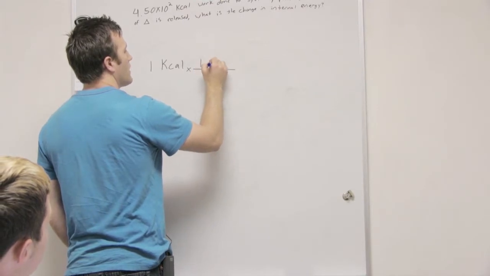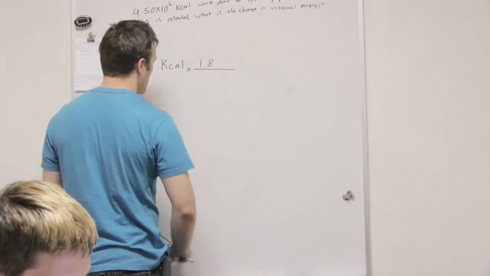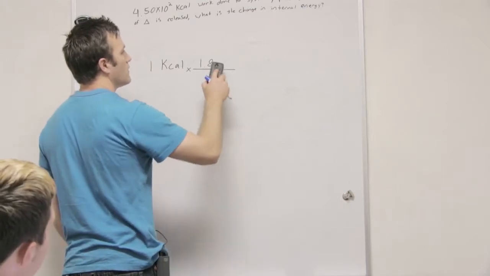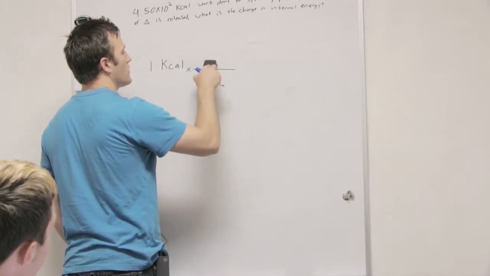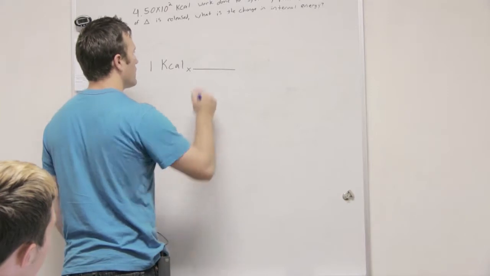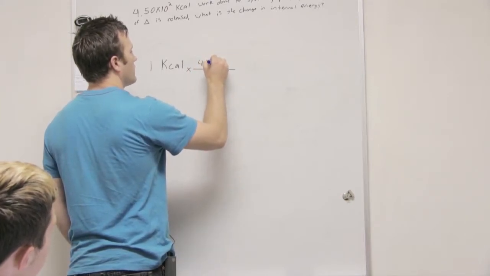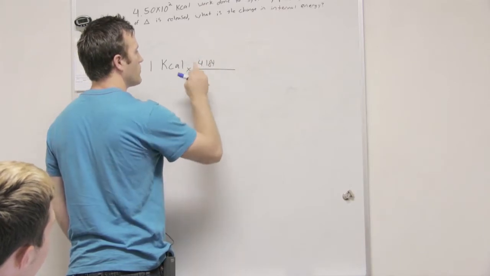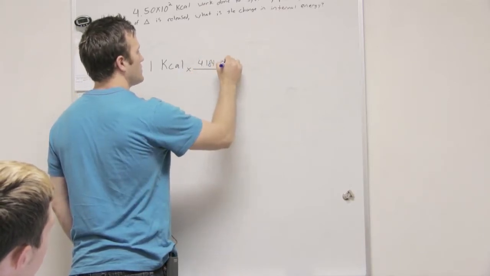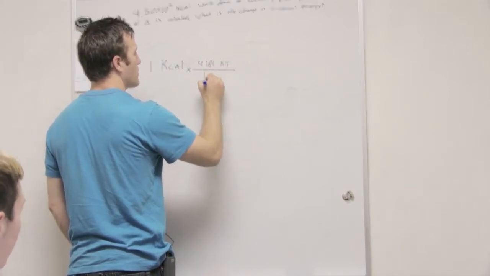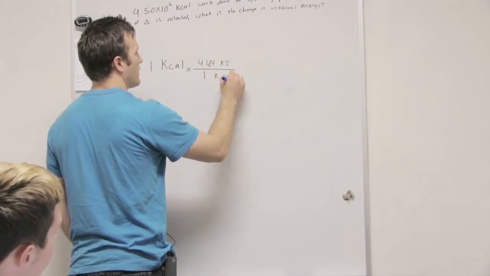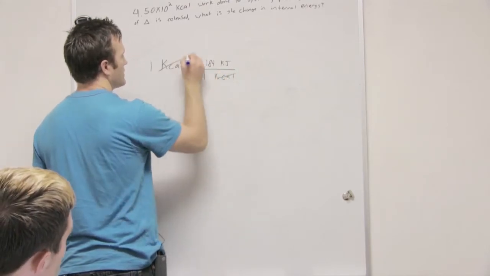4.184 kilojoules per 1 kilocalorie. So kilocalories cancels.